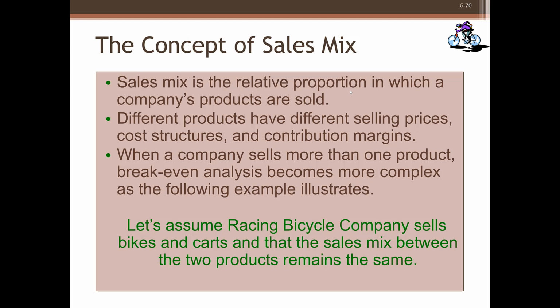When a company sells more than one product, break-even analysis is more complicated. We will still use RBC as an example, but now, in addition to selling bikes, RBC sells cards. And we assume the sales mix between the two products remains the same.